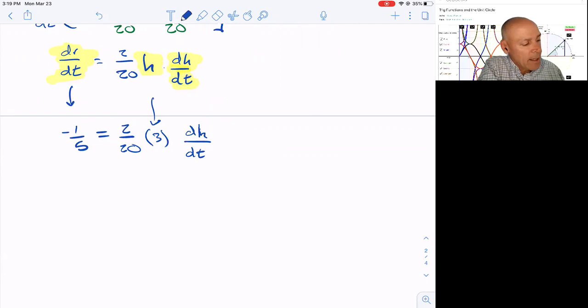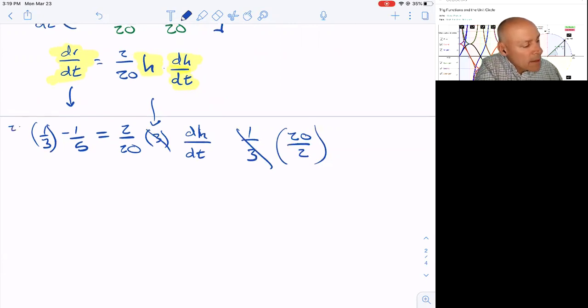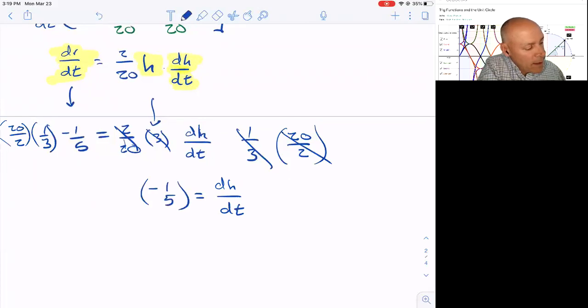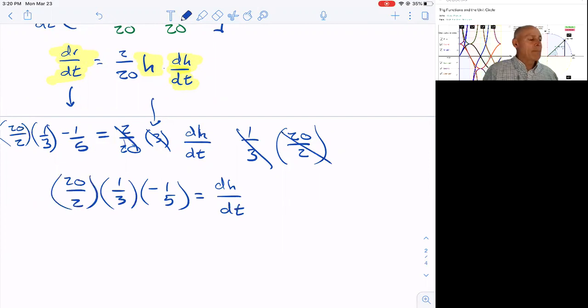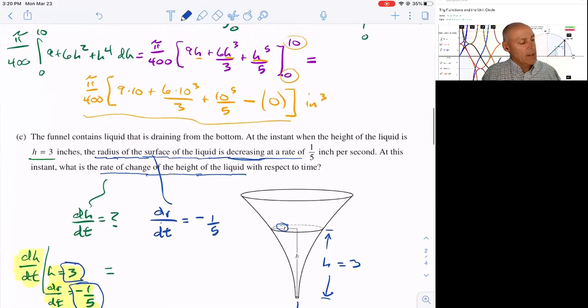I'm going to multiply by 1/3, that takes care of my 3, and I'm going to multiply by 20 halves, also known as 10, that cancels that. And so I get dh/dt is equal to negative 1/5 times 1/3 times 20 halves. I'm not going to simplify that. That's my answer.